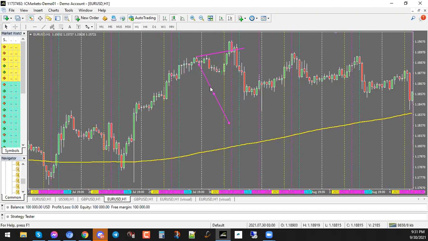Let me see here. This is a nice wick candle right here. So this is definitely a low, but this low is coming in on the start of the new day. And we don't want to start off drawing our trend lines at this point. If we started off drawing our trend line at that point, it would be a nice pattern like this. As you can see, it will be a completely different pattern.